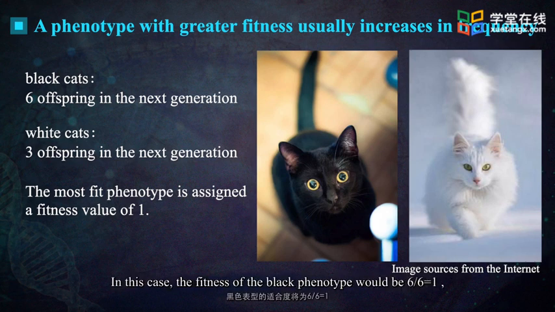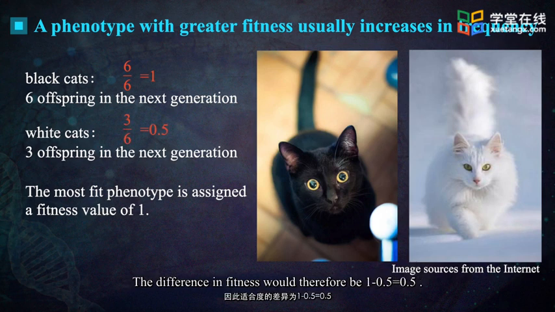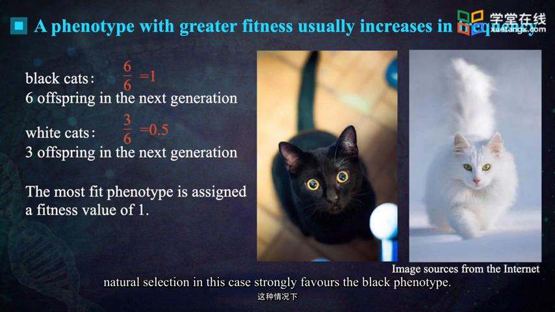In this case, the fitness of the black phenotype would be 6/6, or 1, and the fitness of the white phenotype would be 3/6, or 0.5. The difference in fitness would therefore be 1 minus 0.5, or 0.5. A difference in fitness of 0.5 is large. Natural selection, in this case, strongly favors the black phenotype.